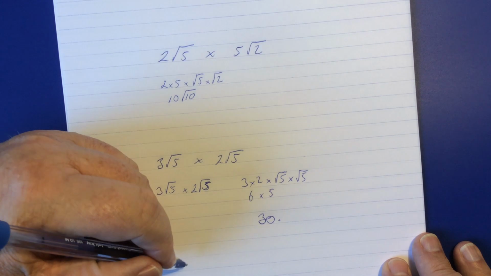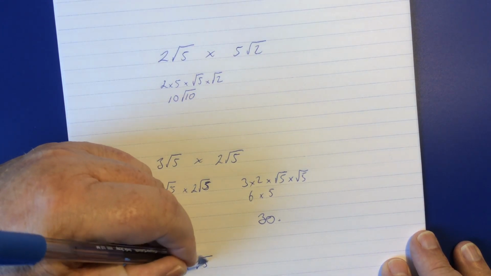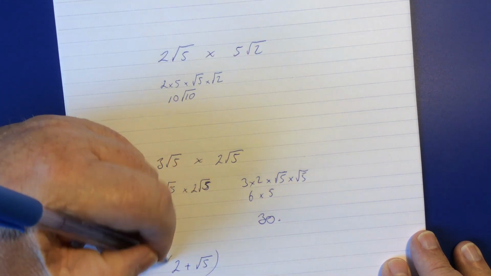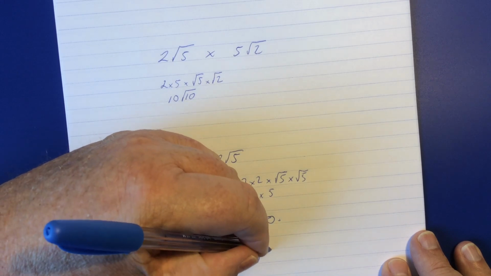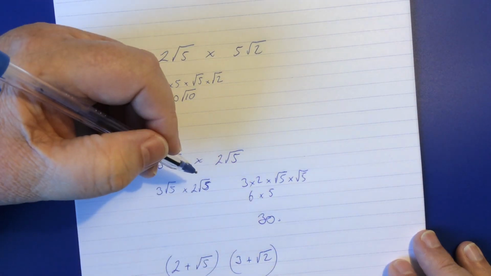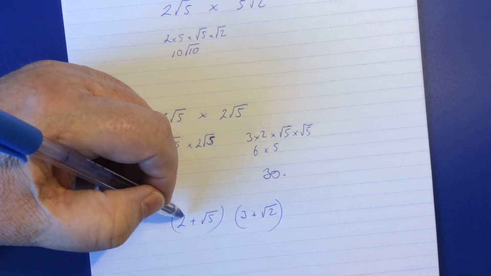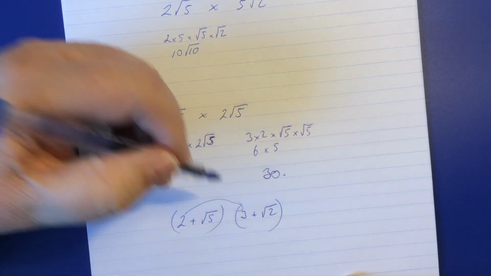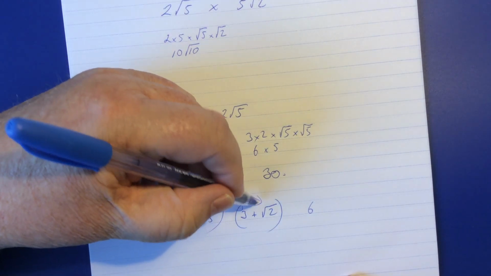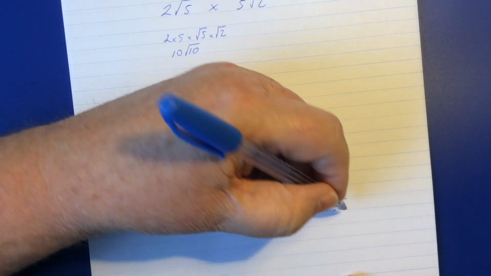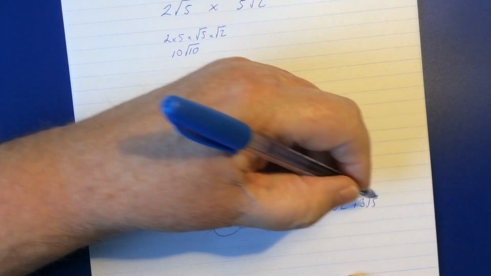You'll sometimes see something like this. You just treat this as if it's an ordinary quadratic, and you go through the motions. 3 times 2, or 2 times 3 is 6. 2 times root 2, 2 root 2. 3 times root 5, 3 root 5.